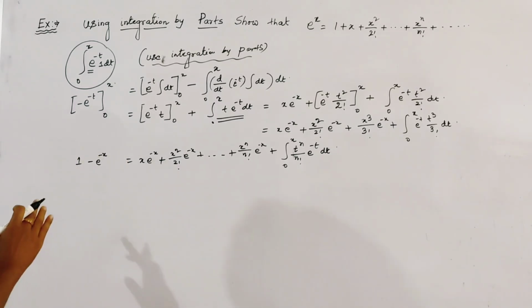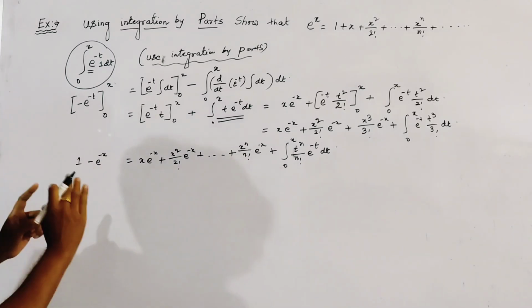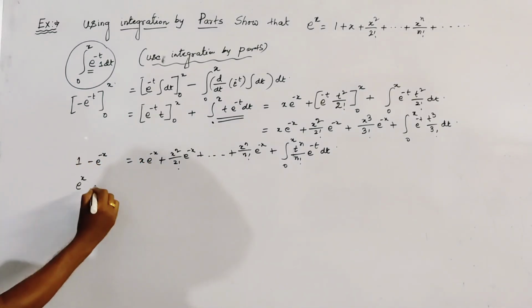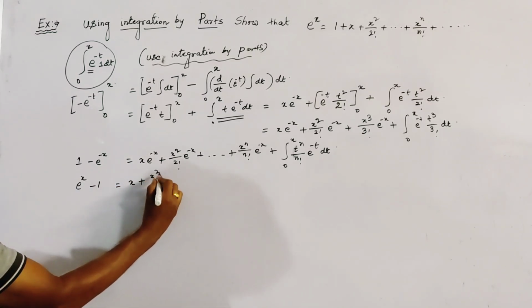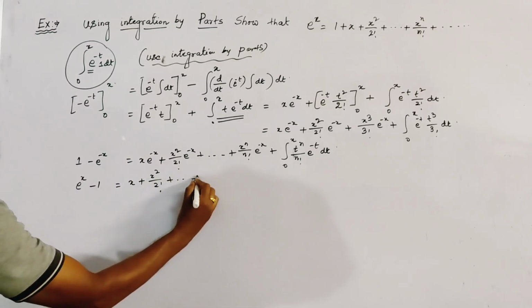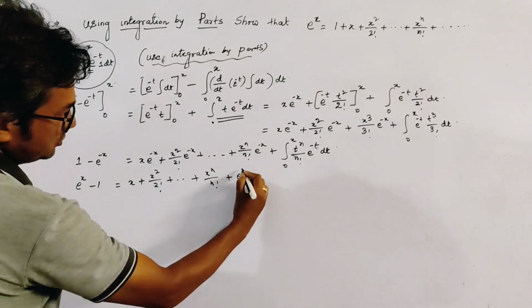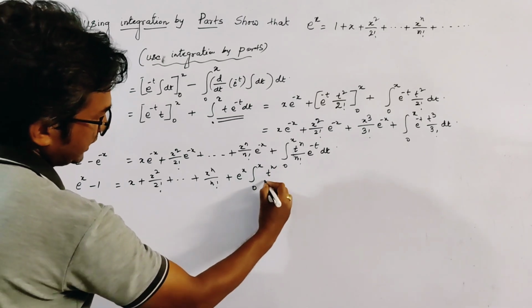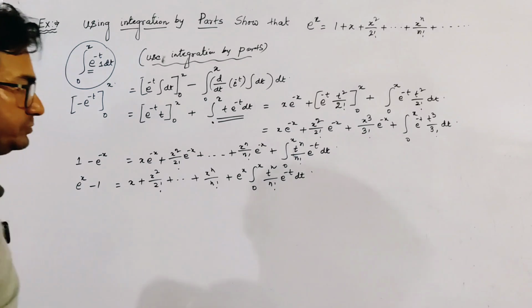Now we multiply both sides by e to the power x and get e to the power x minus 1 equal to x plus x square by factorial 2 up to x to the power n by factorial n plus e to the power x into integration 0 to x t to the power n by n factorial e to the power minus t dt.